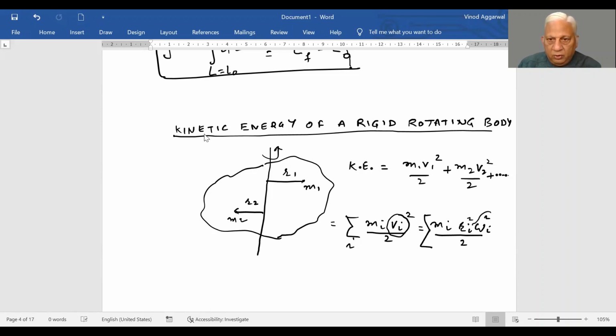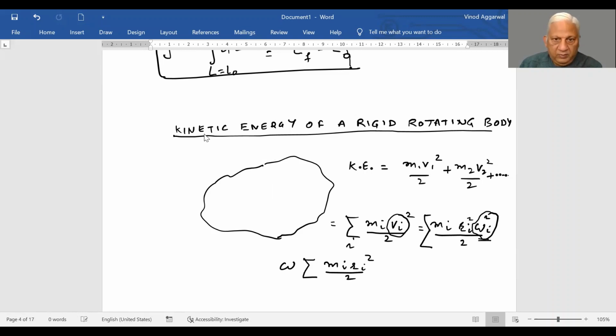Since omega of all the particles is constant because all the particles will be rotating with the same angular velocity, we take the angular velocity outside, and what we are left with is... and what is this?